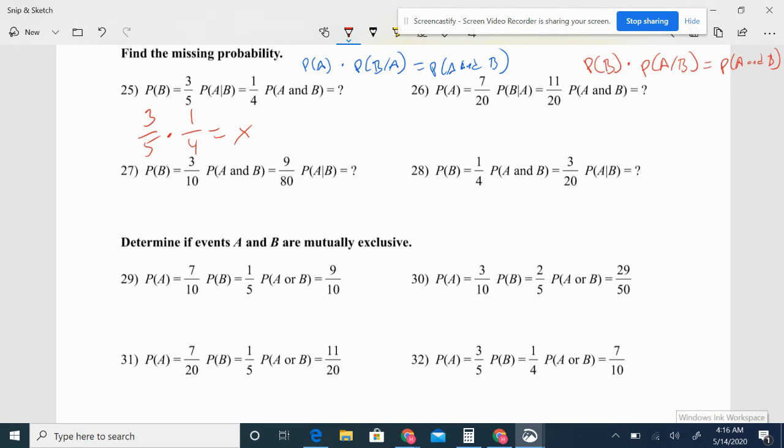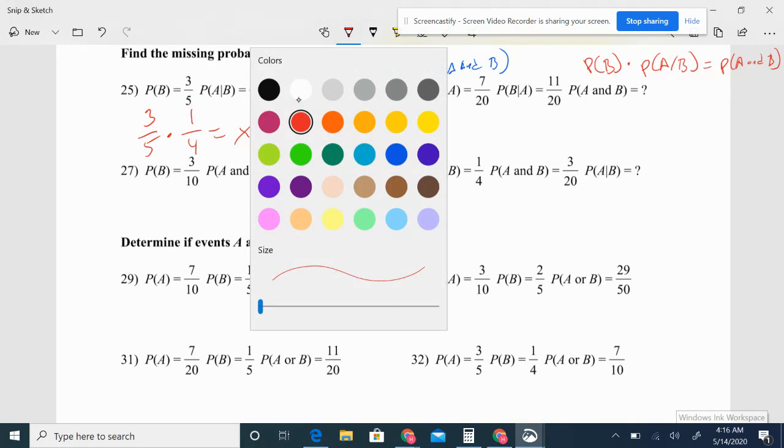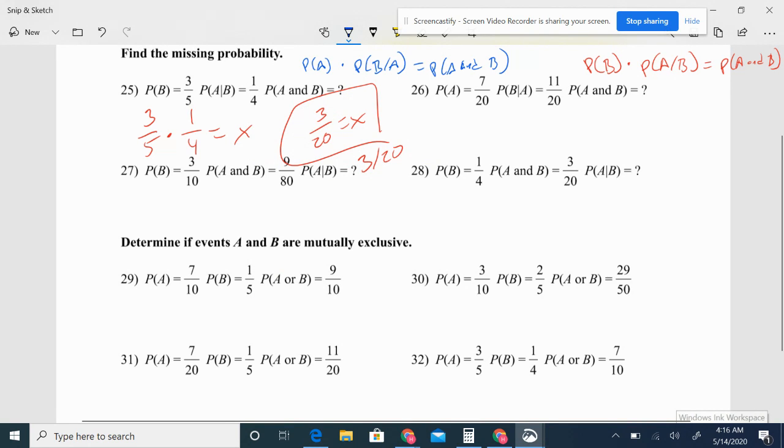You know how to multiply. Just multiply straight. I'm going to have that 3 over 20 is equal to X. When you type it, just type in 3 backslash 20. All right, just 3 over 20. Let's take a look at question number 26. I'm going to use the blue formula. Probability of A is 7 over 20.